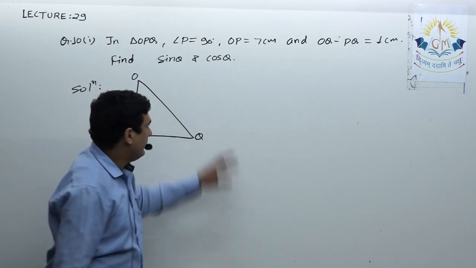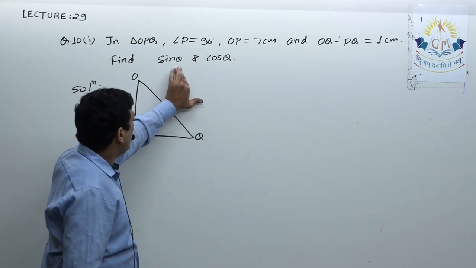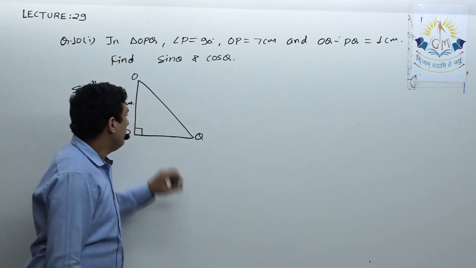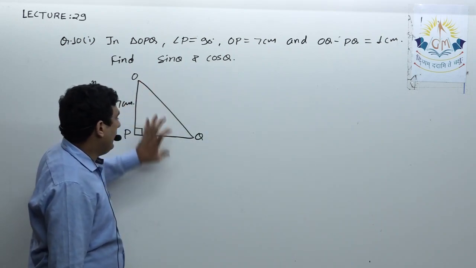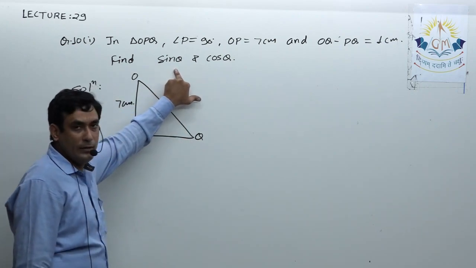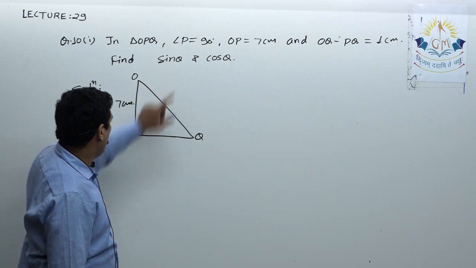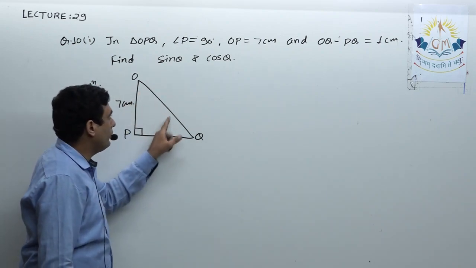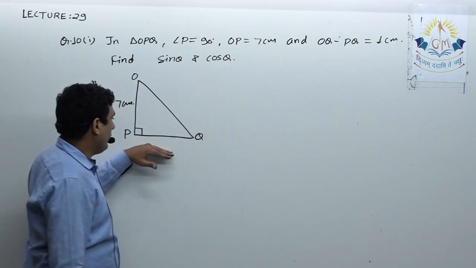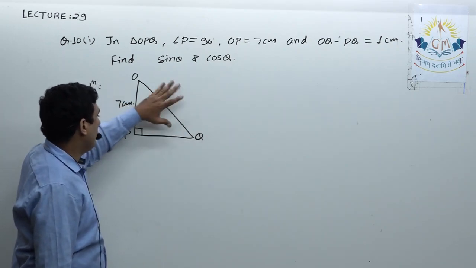In simple words, to get the value of sin Q and cos Q, we need all three sides of the triangle. For sin Q, it is perpendicular upon hypotenuse, so OP is given, we need OQ. For cos Q, it is base upon hypotenuse, that means we need PQ as well as OQ.